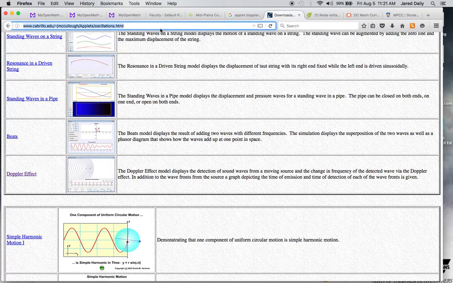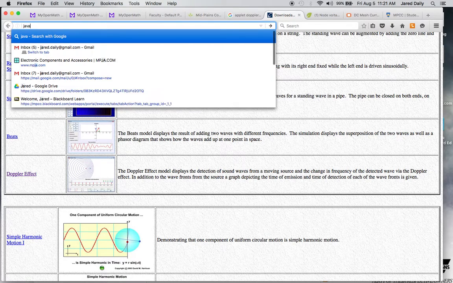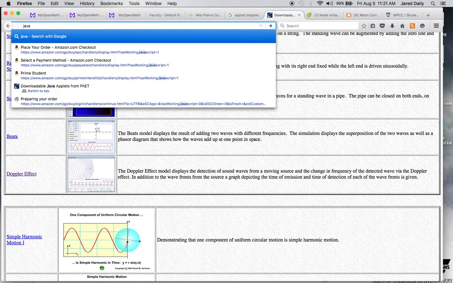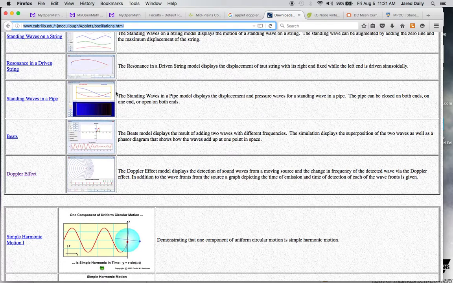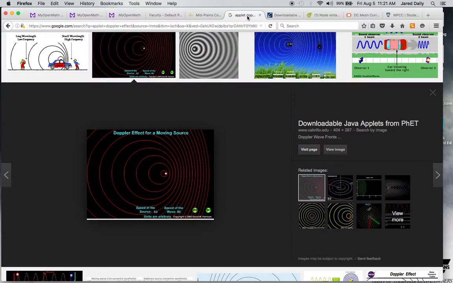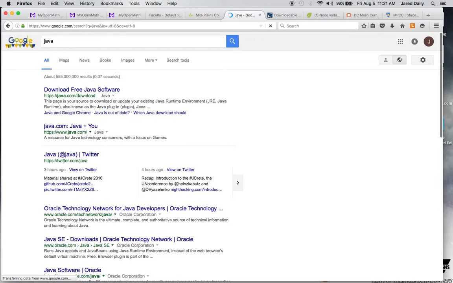It's because I don't have the Java runtime environment. Here we go. See if I can get this working really quick.